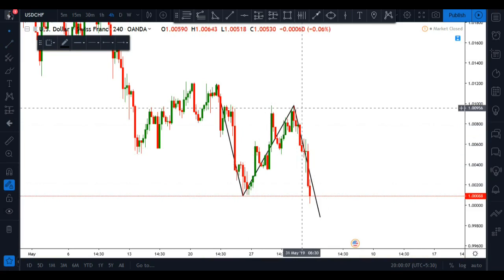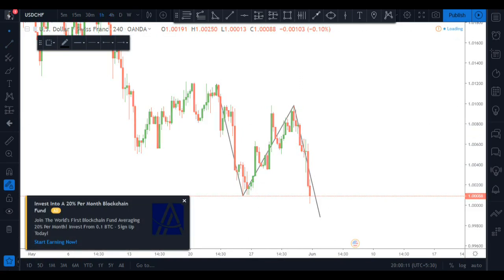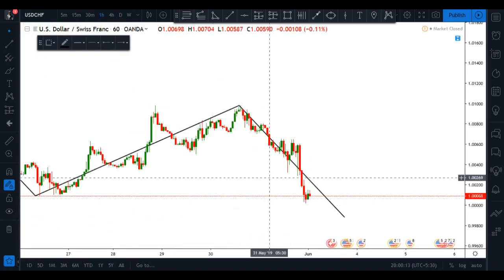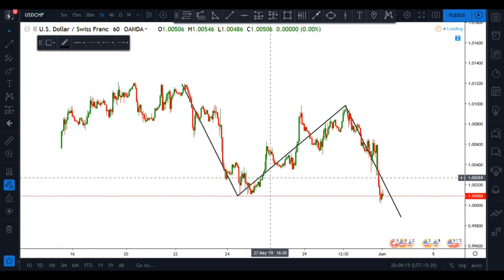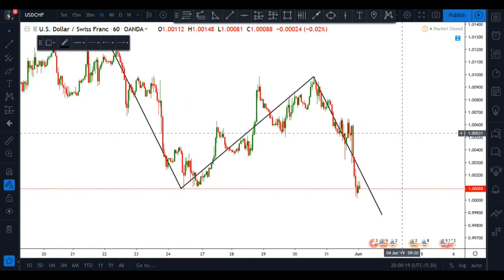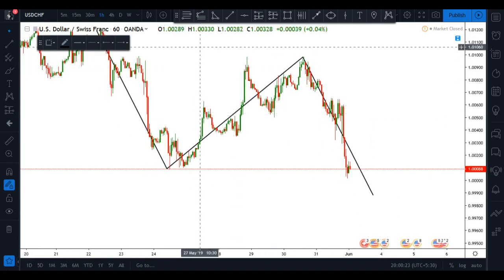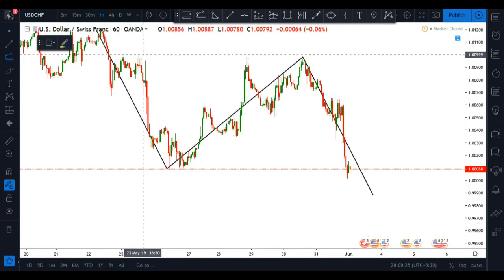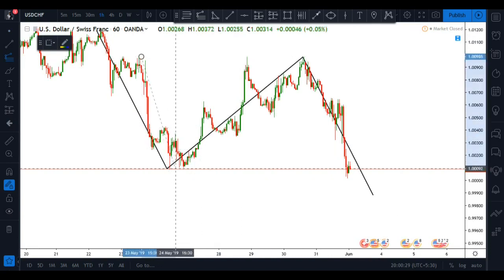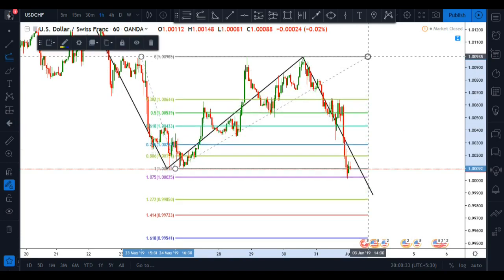Not only that, but also if we drop down a time frame to the 1 hour, this is 1 hour chart of the dollar Swiss chart, and let me draw a Fibonacci extension tool from this point to this point and back up to here.